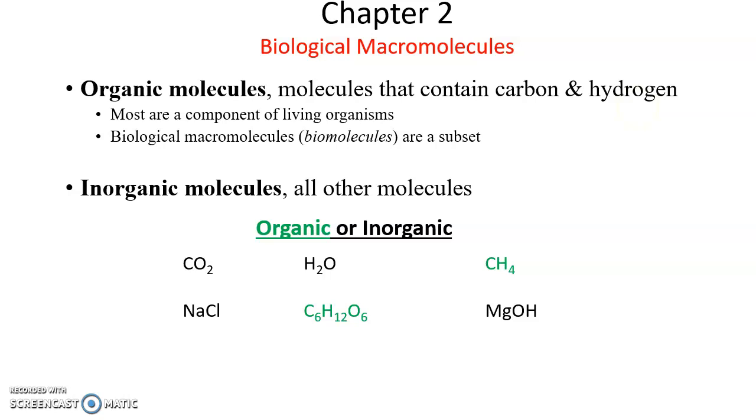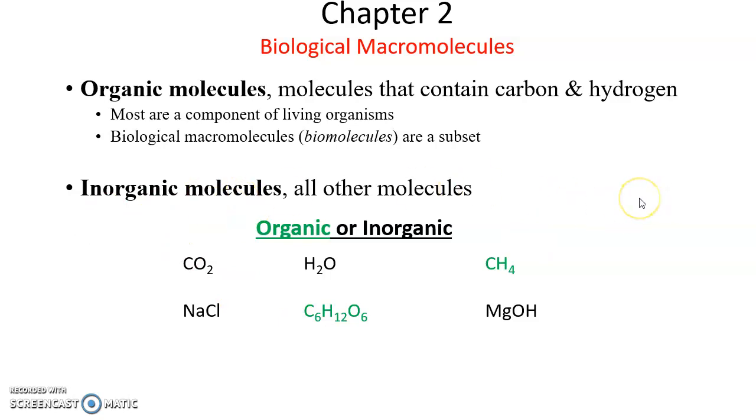Organic molecules. Organic molecules are extremely important because we are made up mostly of organic molecules. And organic means it has carbon and hydrogen. It may have other elements present, but it must have carbon and hydrogen. Our large macromolecules, carbohydrates, proteins, lipids, nucleic acids are all organic molecules.